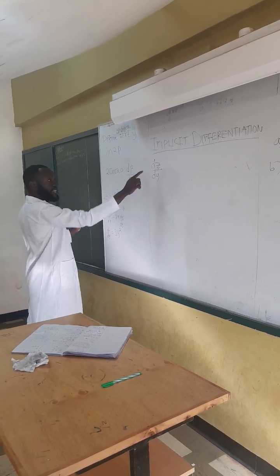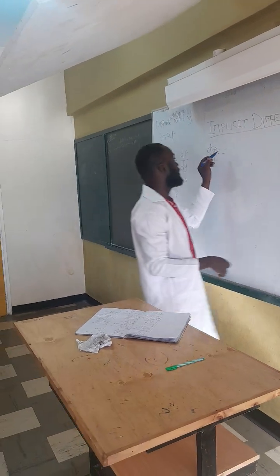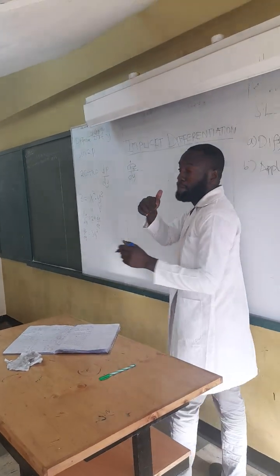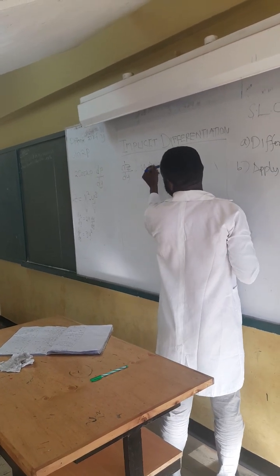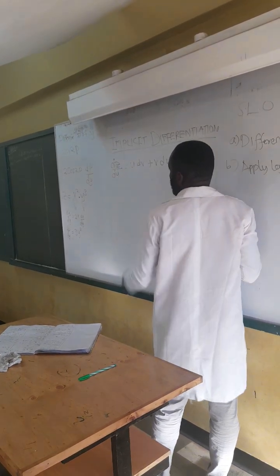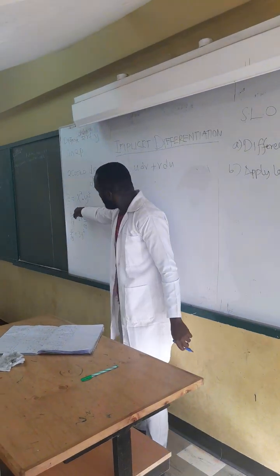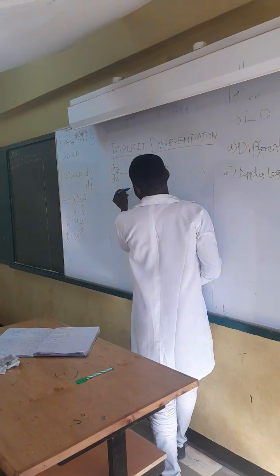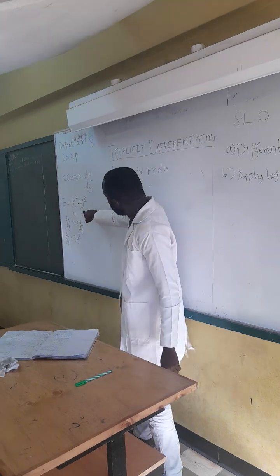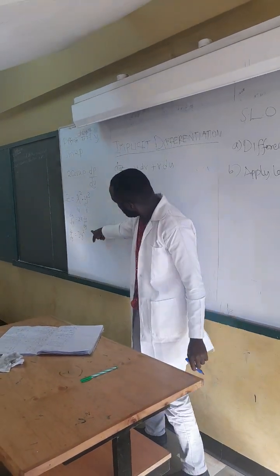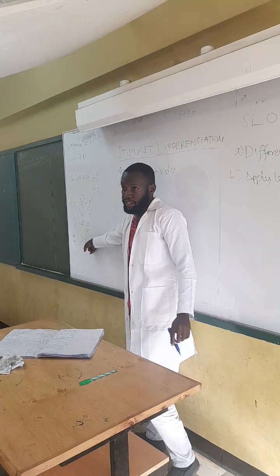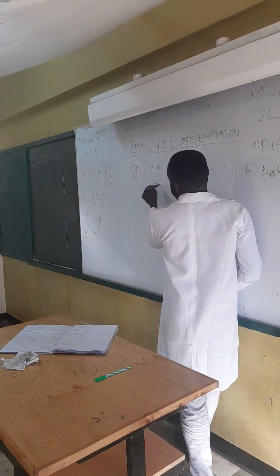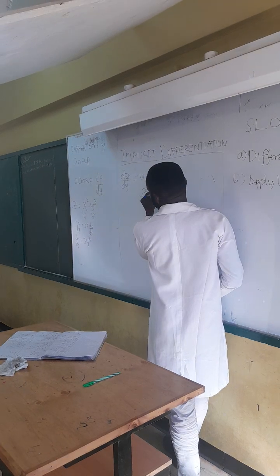Now dz dy is given by the product rule: u dv plus v du. What is my u? x squared. What is my dv? 3y squared.